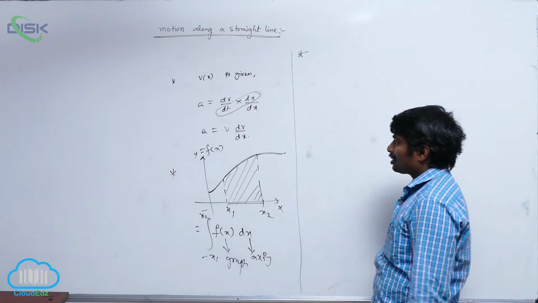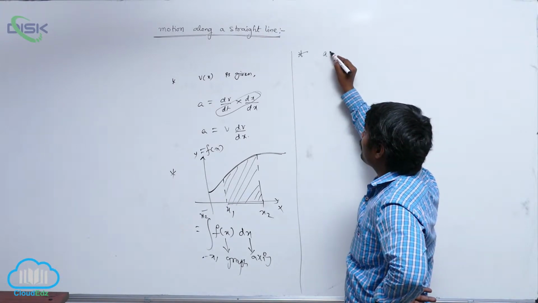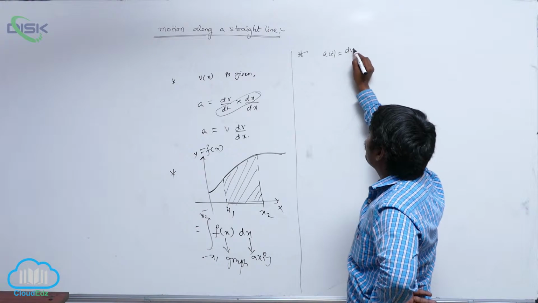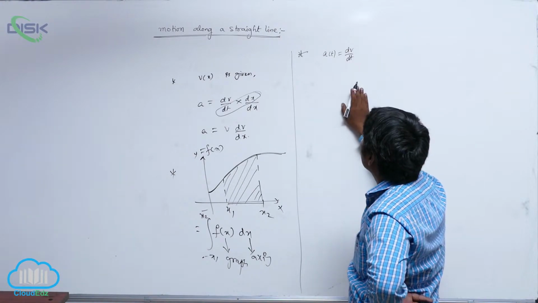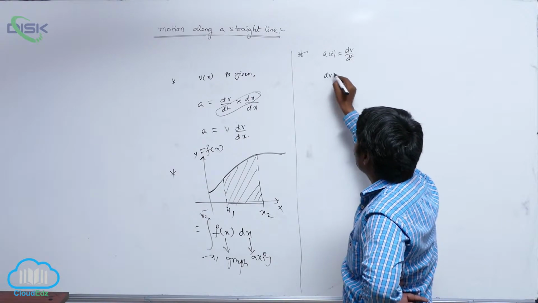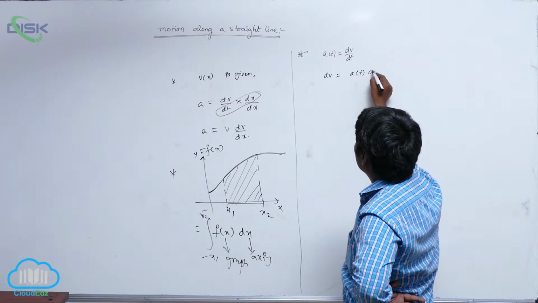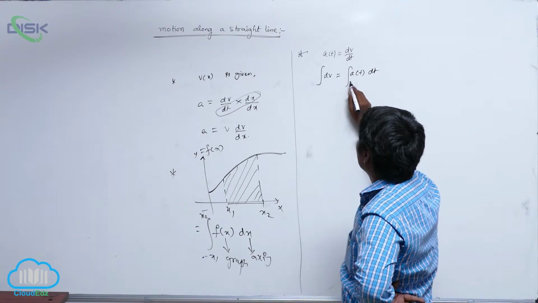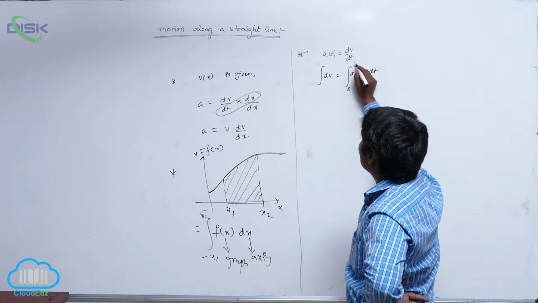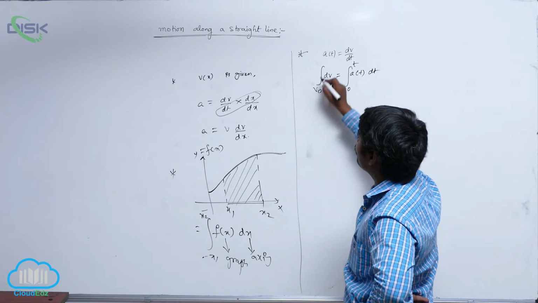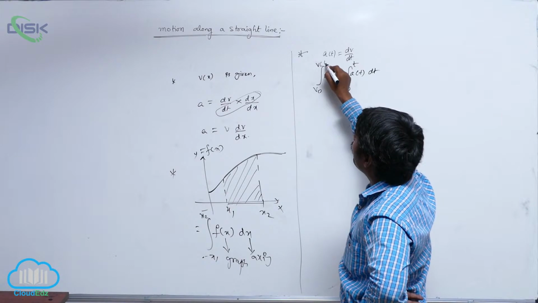by mathematics, suppose acceleration as a function of time is given, that is equal to dv by dt. How to calculate the velocity value? So dv is equal to a of t dt. You can integrate from time t equal to 0 to t, and if initial velocity is given, take v0, and v at time t.